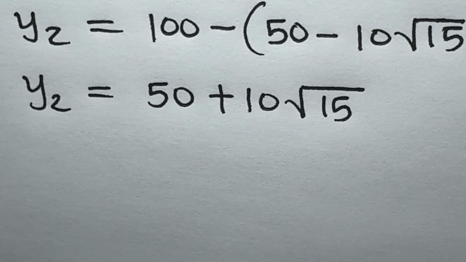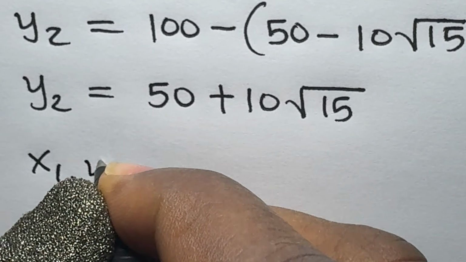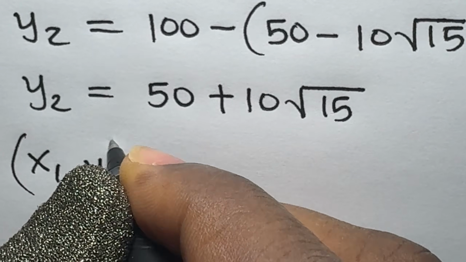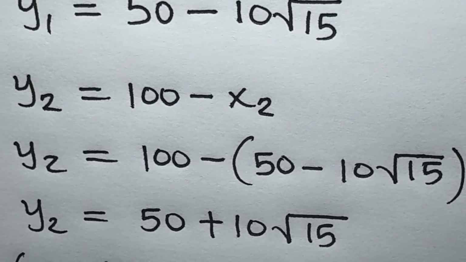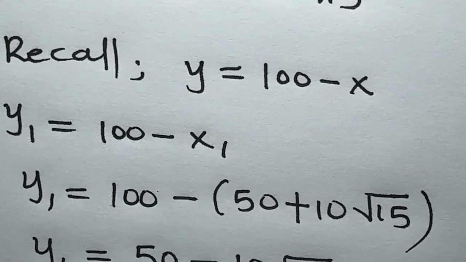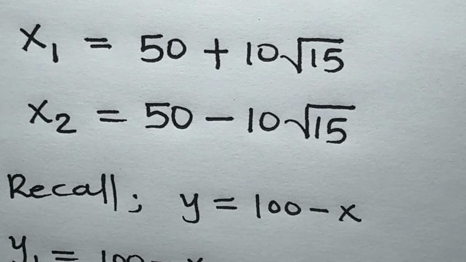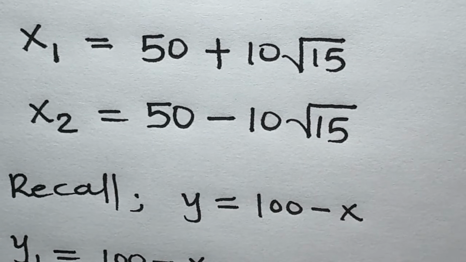If I put them all together, we got x1, y1 is equal to our x1, which was this, and x2 is this.